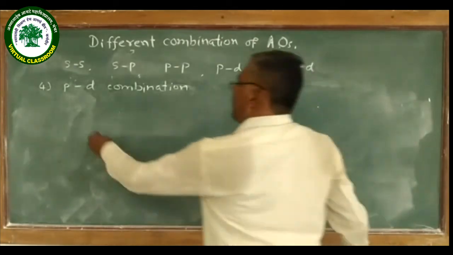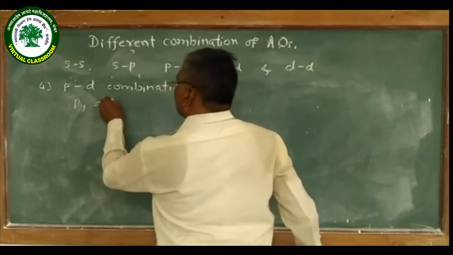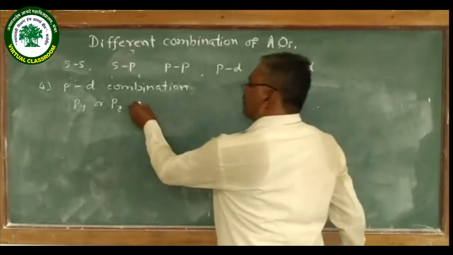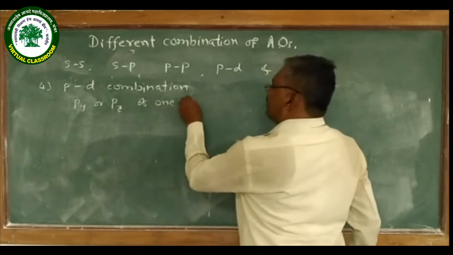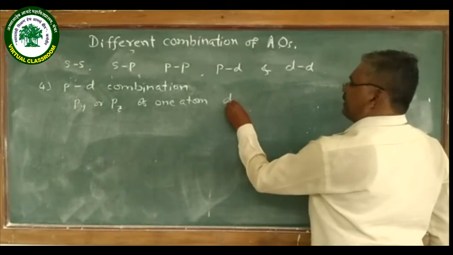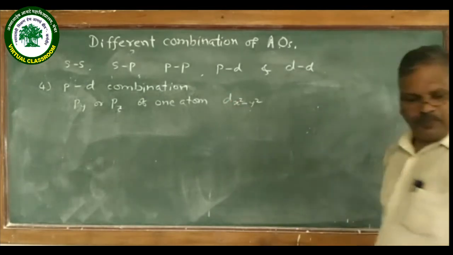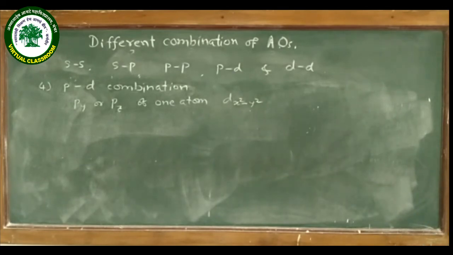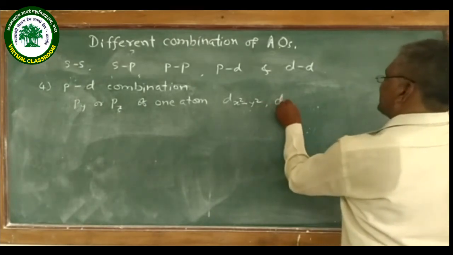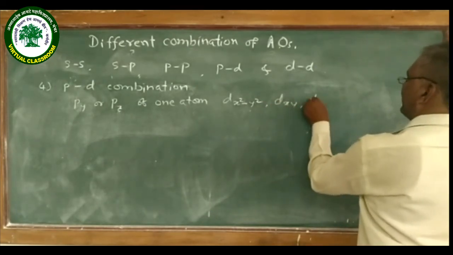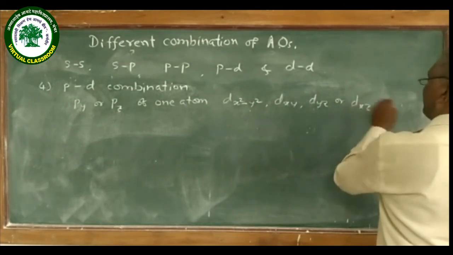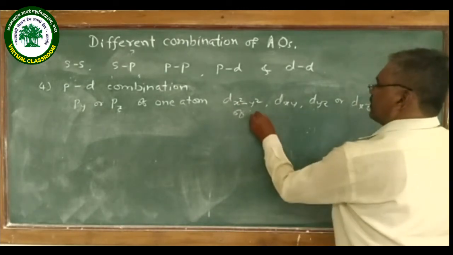Usually py or pz orbital of one atom laterally overlap with d x square minus y square orbital or d xy or d yz or d xz orbital of other atom.